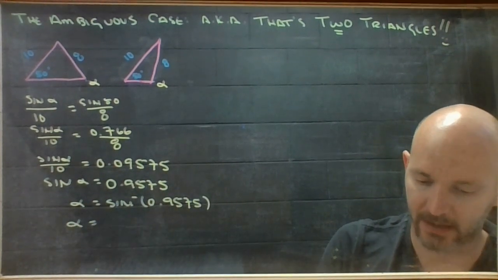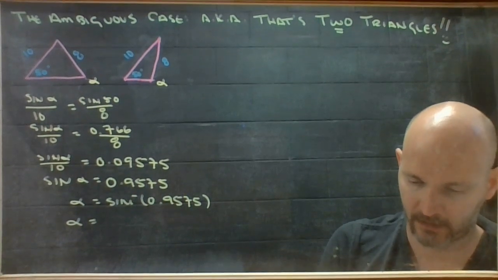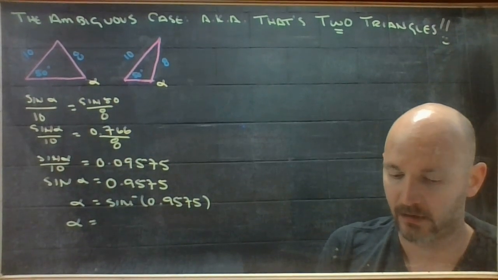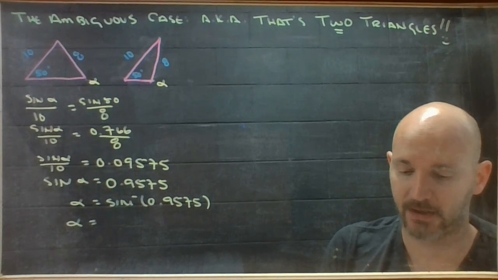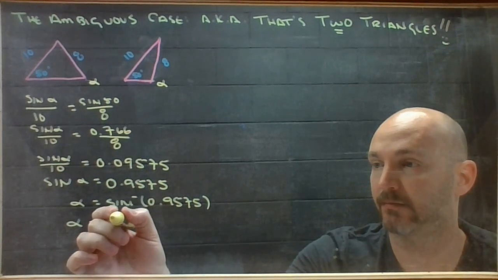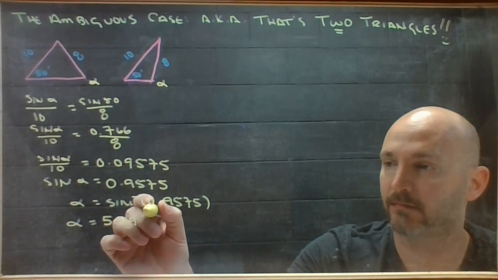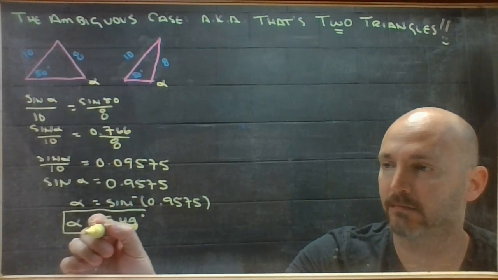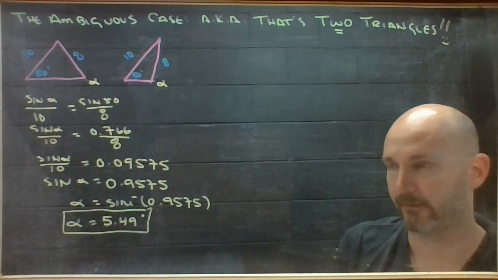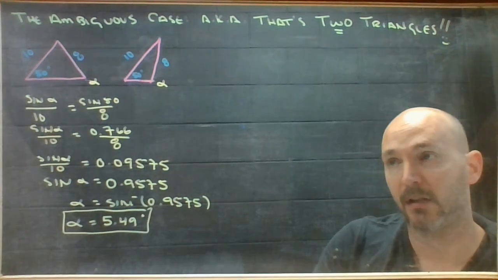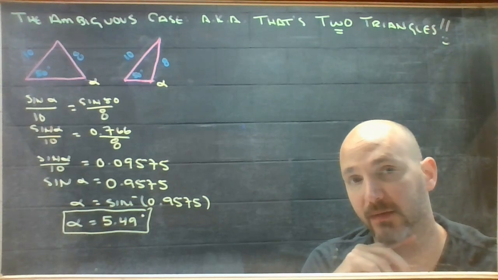And if I hit that on the calculator, I get 5.49 degrees. So these triangles are obviously not to scale.